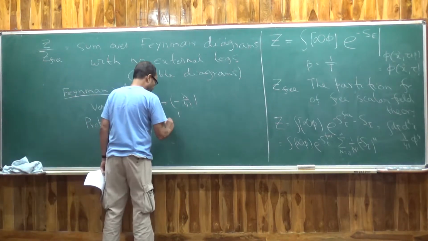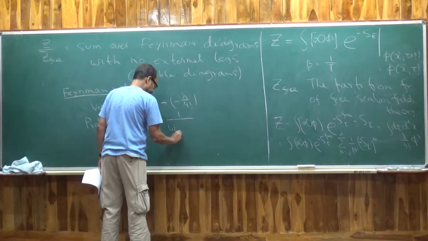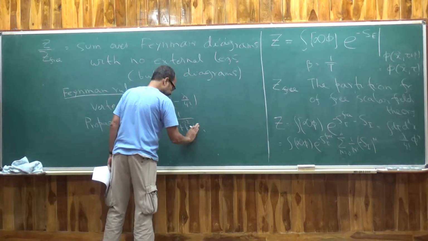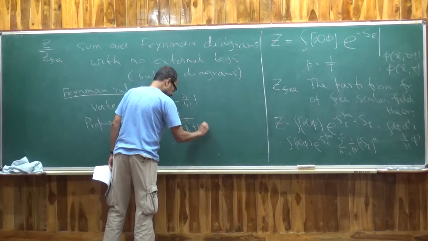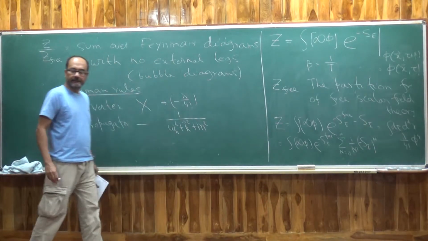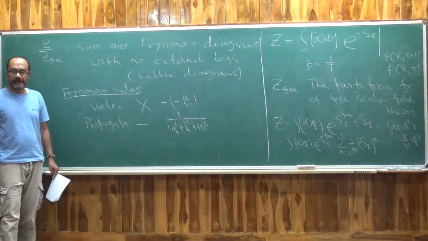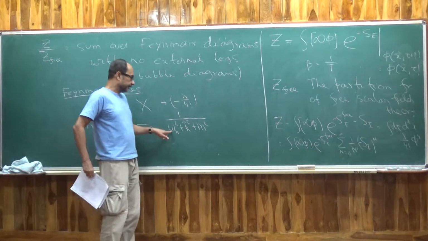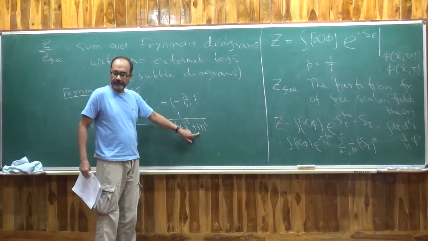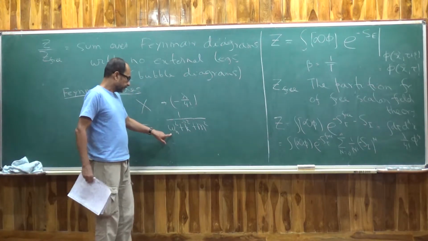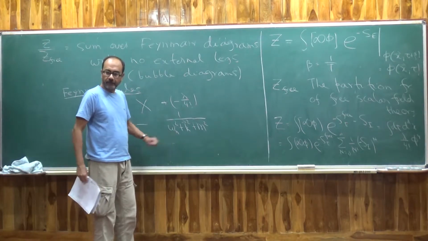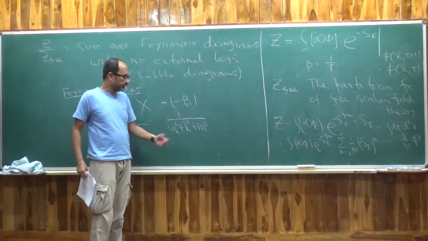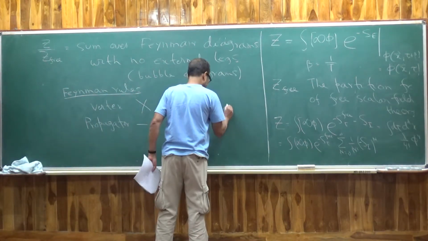It will be given by 1 over omega_n squared plus k vector squared plus m squared. This is what we saw for the 2-point function in the free theory. The only difference is that this is like the ordinary propagator of a scalar field theory, except that the zero component of the momentum is now quantized. It's written as omega_n, where omega_n is 2 pi n by beta.